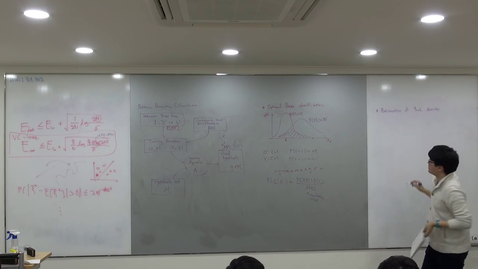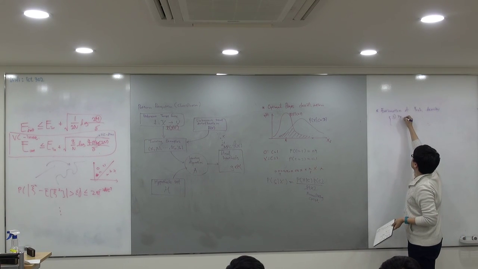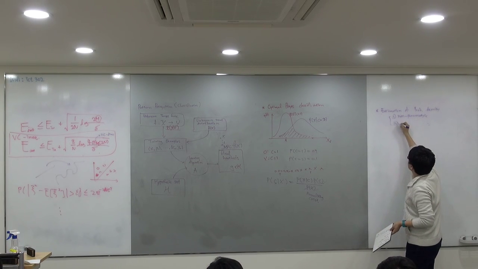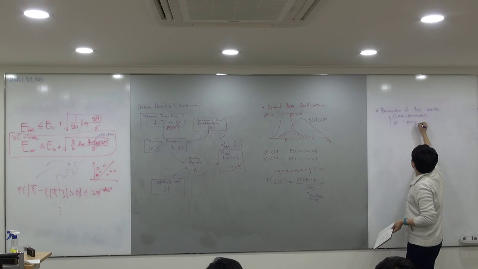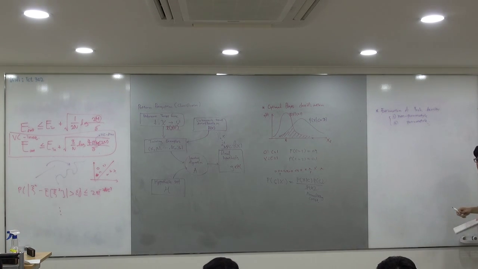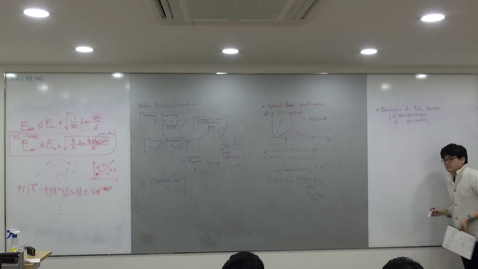And roughly there are two ways. First is non-parametric methods. And second is parametric methods. The second one is more familiar.